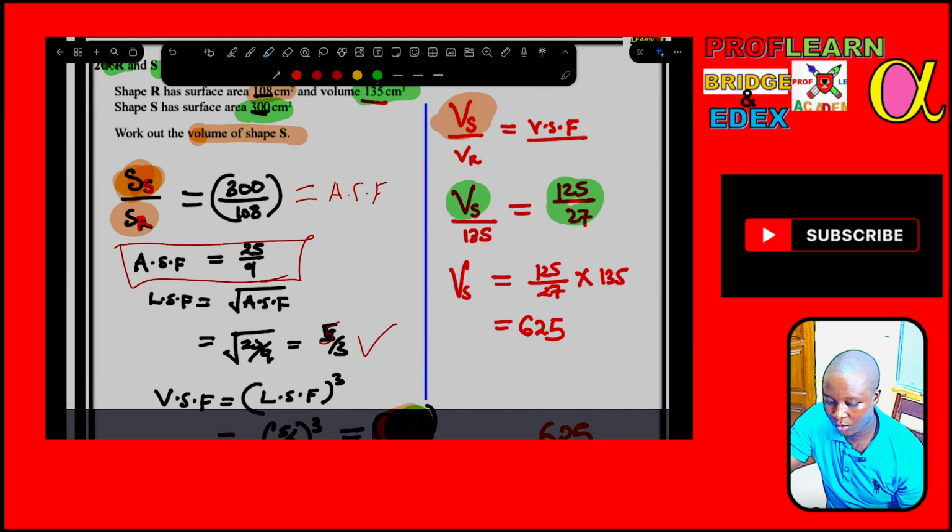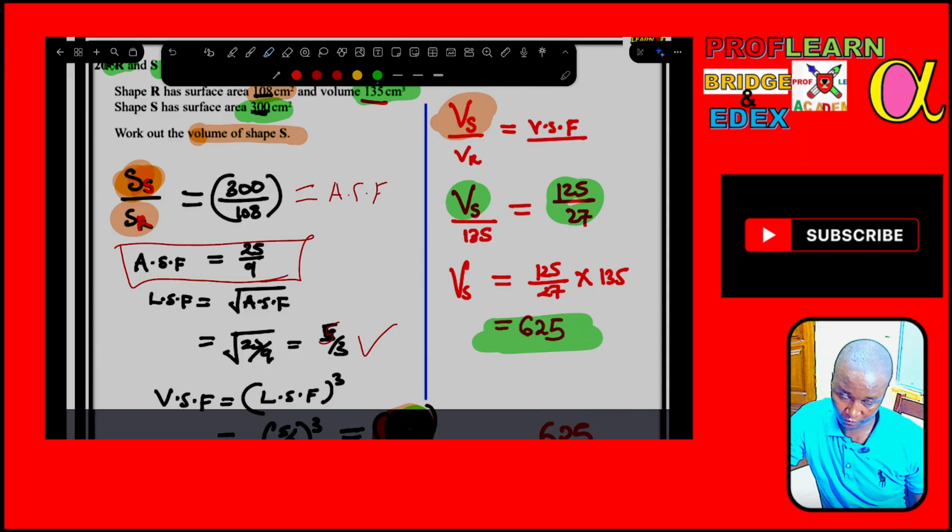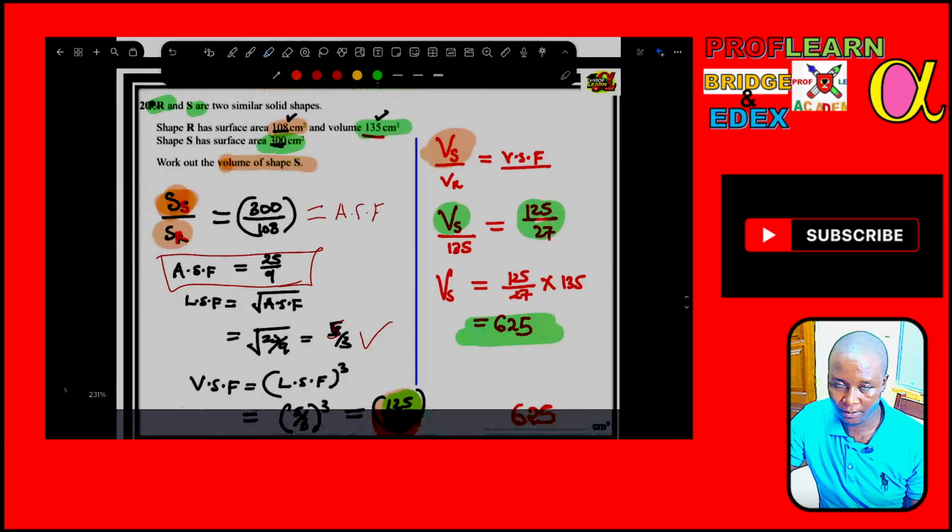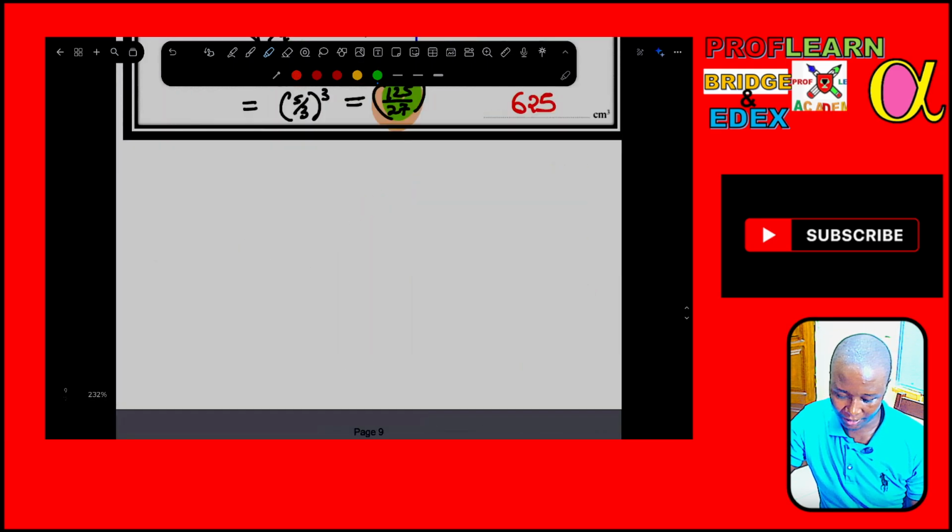And if you work it out, you are going to get 625. So a very commonly asked question for similar shapes, and I believe we are okay up to that particular point.